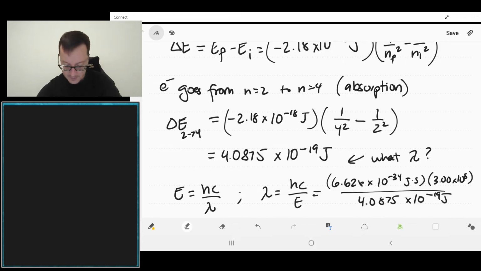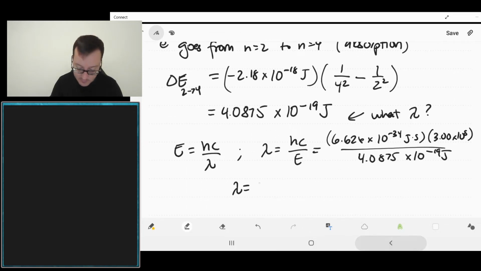It's a pain when you have to type it into Google, so that's my reminder to not forget my calculator next time. Times 10 to the negative 34 times 3.0 times 10 to the 8th divided by 4.0875 times 10 to the negative 19. All right, we get this.